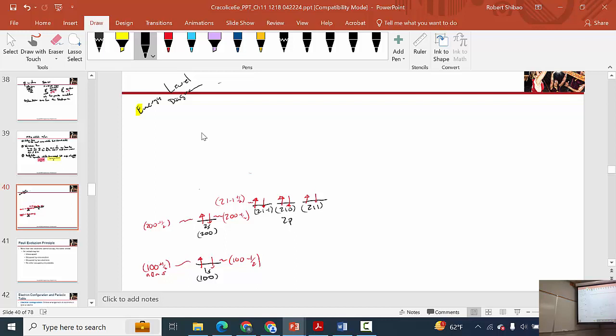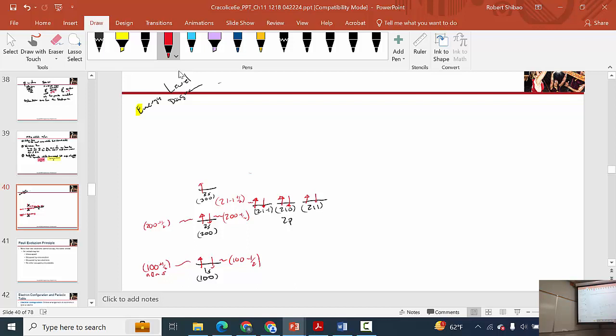Three S. Or the 300. And so after neon comes element number 11, which is sodium. Sodium's going to have one electron. It could either be spin up or spin down. Okay. Let's spin up.